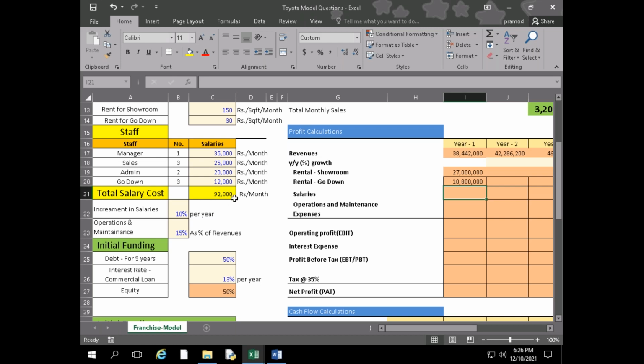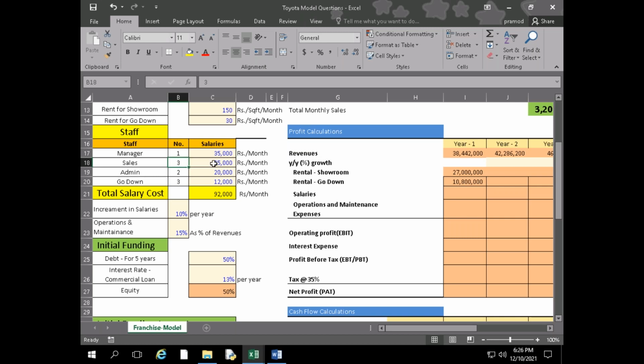Yes, correct. Actually, we made one mistake for the sales. When it is sales, they are telling per month, and they have also taken these numbers here. For the manager, how many managers are there? One manager, 35,000.